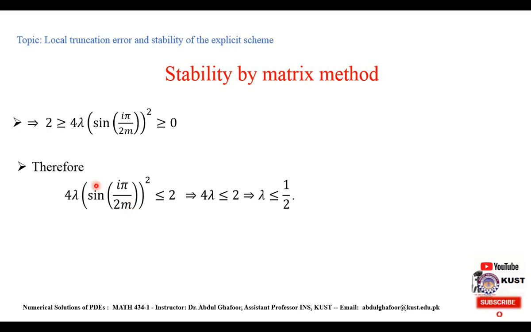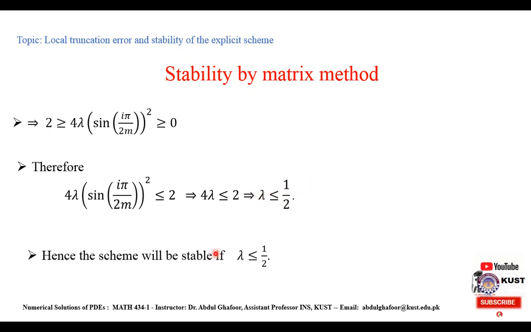Since this is true for all values of i, and the maximum value of sine is 1, this implies that 4 lambda is less than or equal to 2, and so lambda is less than or equal to 1/2, where lambda is equal to alpha squared k divided by h squared. This mesh ratio we already defined in the explicit scheme.